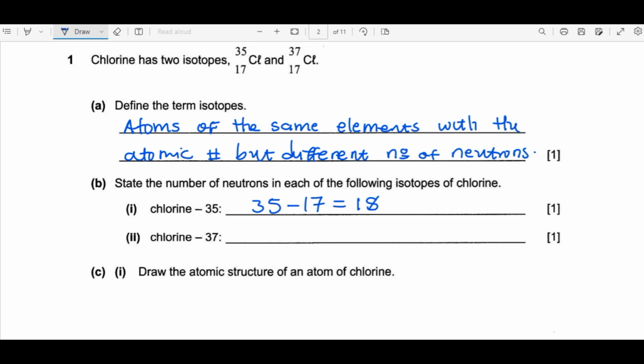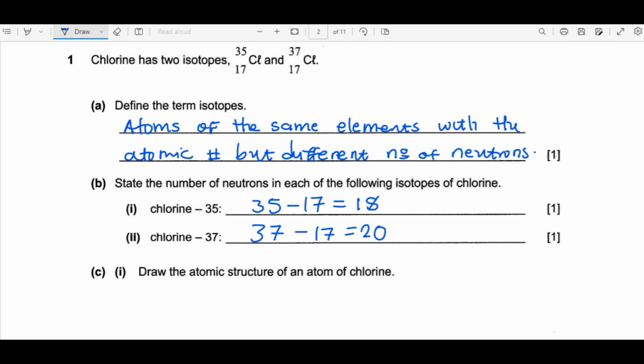Then for the second one, it is 37 minus 17, which will give us 20. So we can now see and verify that what makes the two mass numbers different from each other is the presence of the neutrons. Under the first one, we have 18 neutrons, while the second one has 20 neutrons.